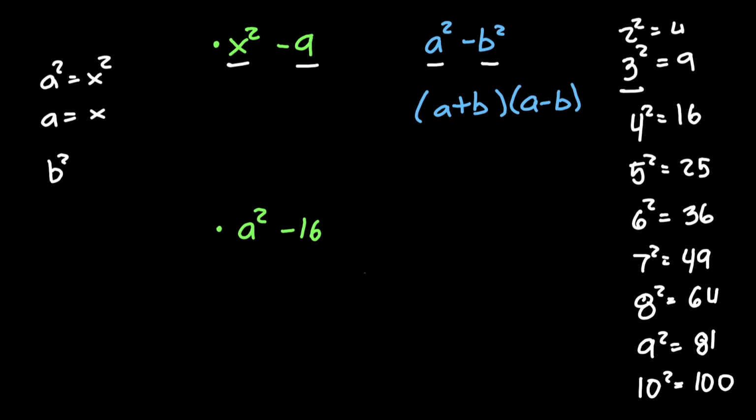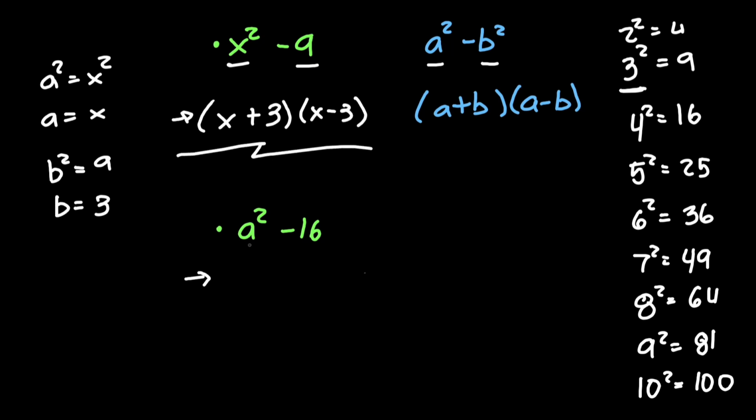And b squared here would be 9. So the square root of 9 would be 3, or you can just look it up in here. It is 3. So the factor form of this would be x plus 3 multiplied by x minus 3.